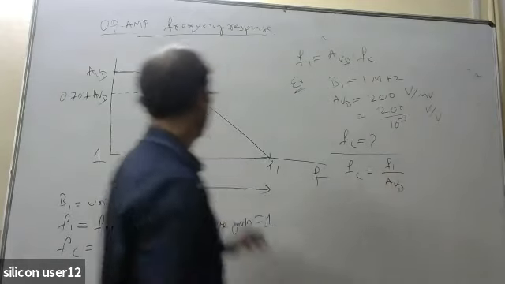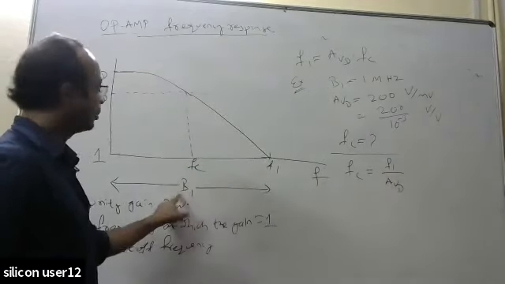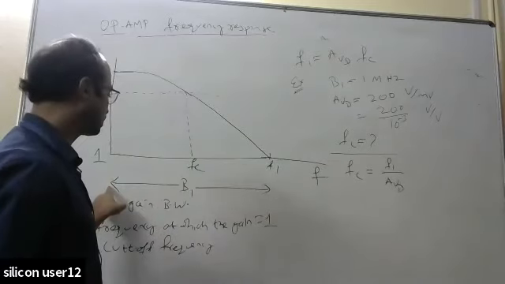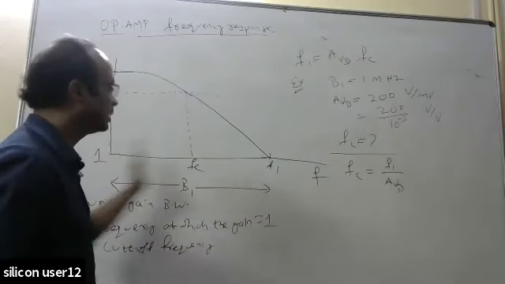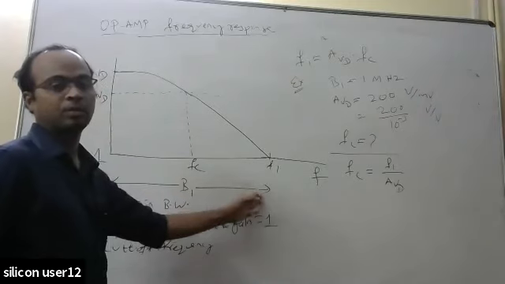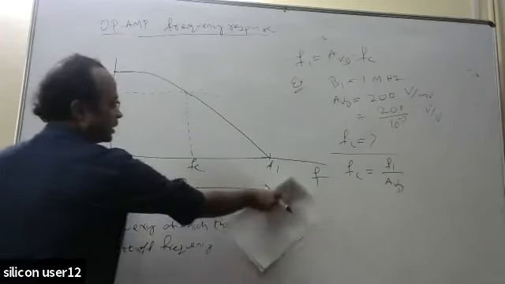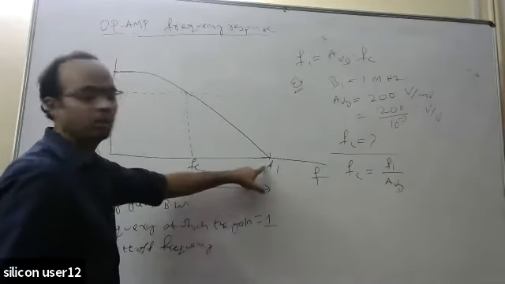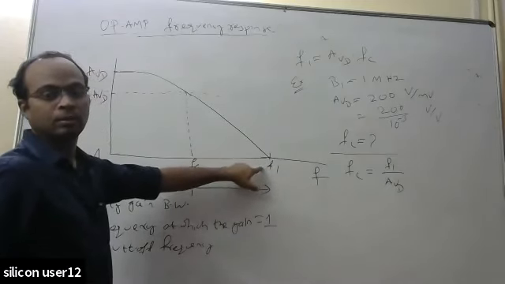The bandwidth is given, that is 1 megahertz. That means the total range from 0 to here is 1 megahertz. So obviously this F1 value will also be 1 megahertz.